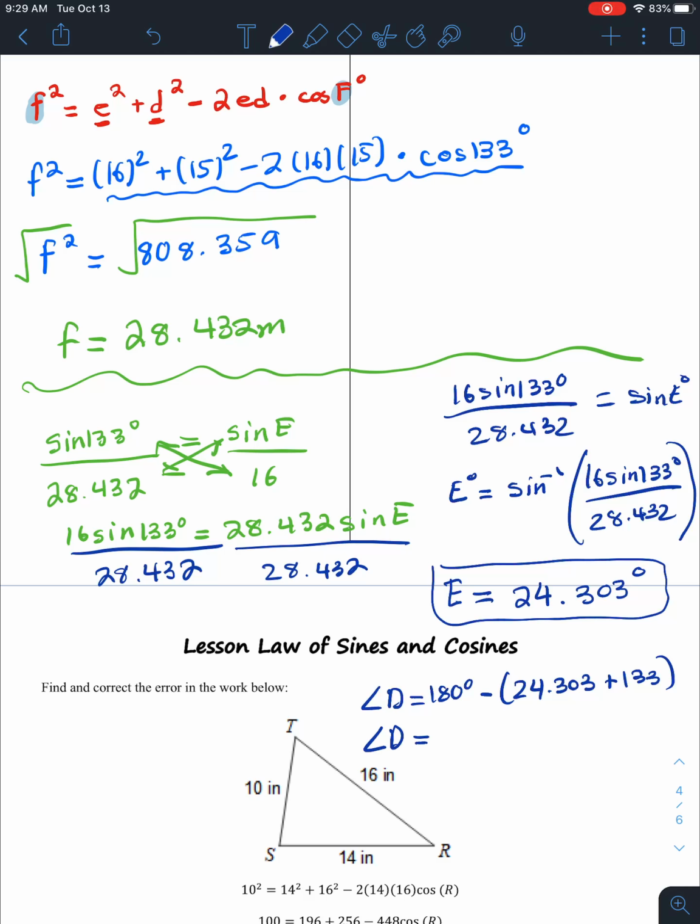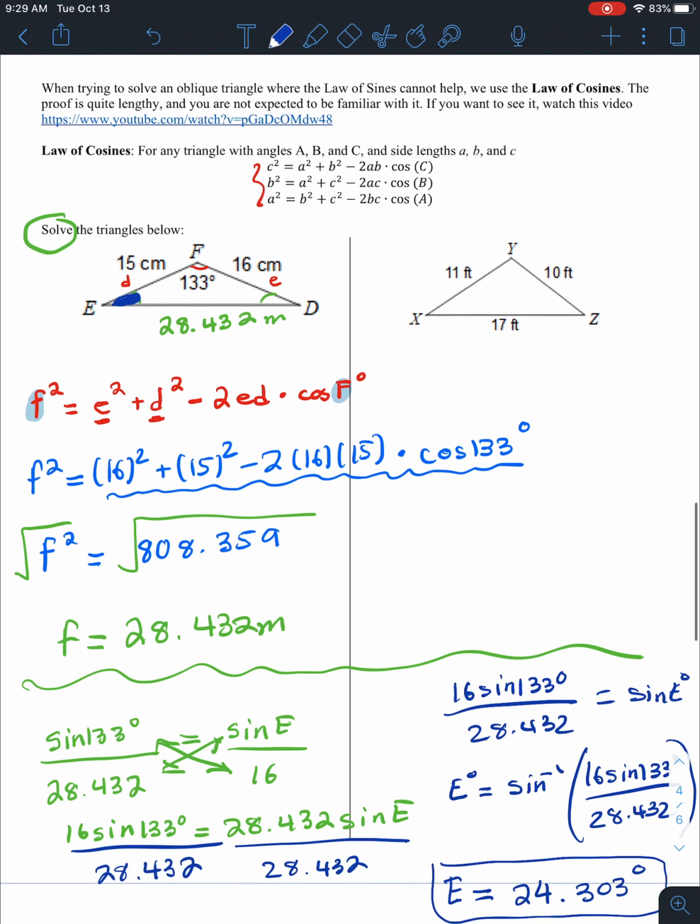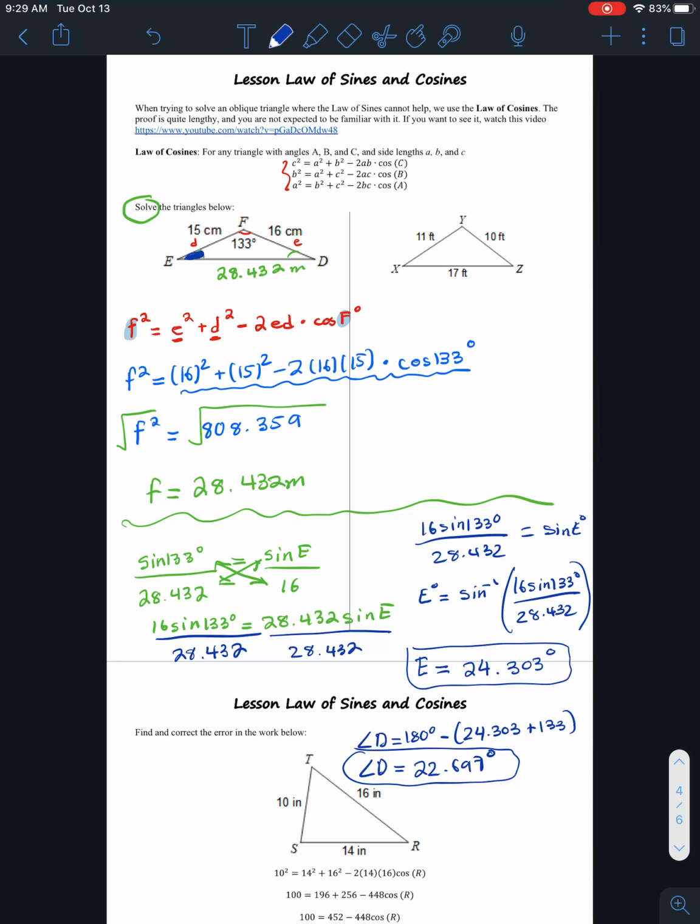Let me get my calculator out and figure out that exact value. 180 minus 24.303 minus 133, and you'll get 22.697 degrees. And you have successfully solved this triangle. I know it's a lot, but it gets repetitive with practice. So that's my biggest suggestion, is just practicing.